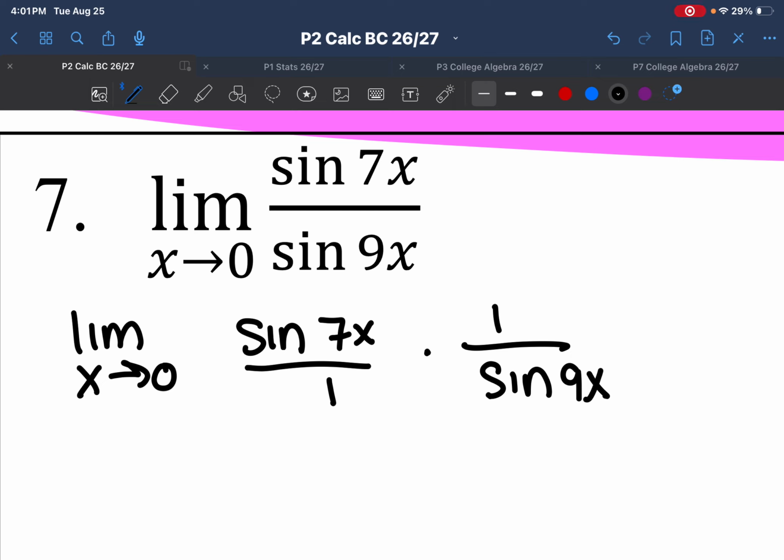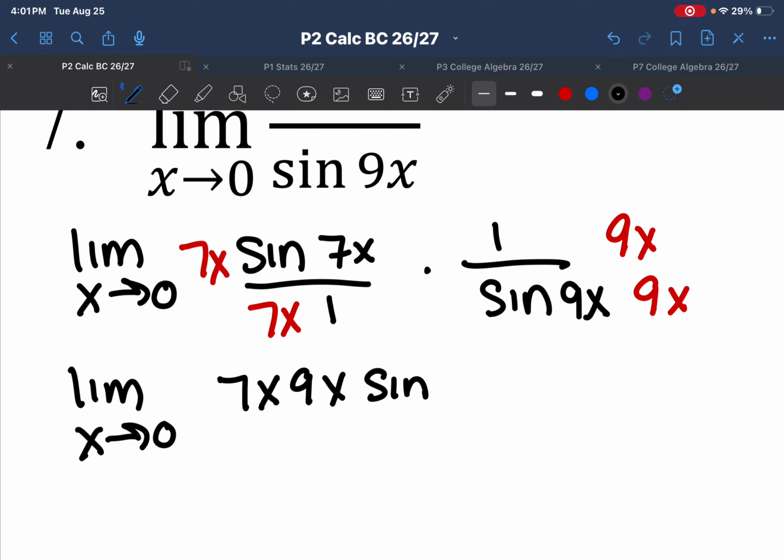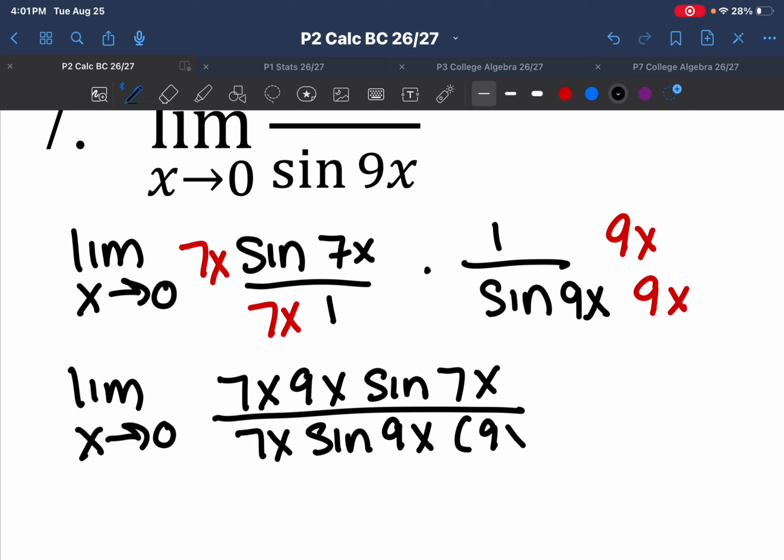To make these match the property, I'm going to multiply the top and bottom by 7x here, and the top and bottom by 9x here. So really I have the limit as x approaches 0 of 7x 9x sine 7x over 7x sine 9x times 9x.